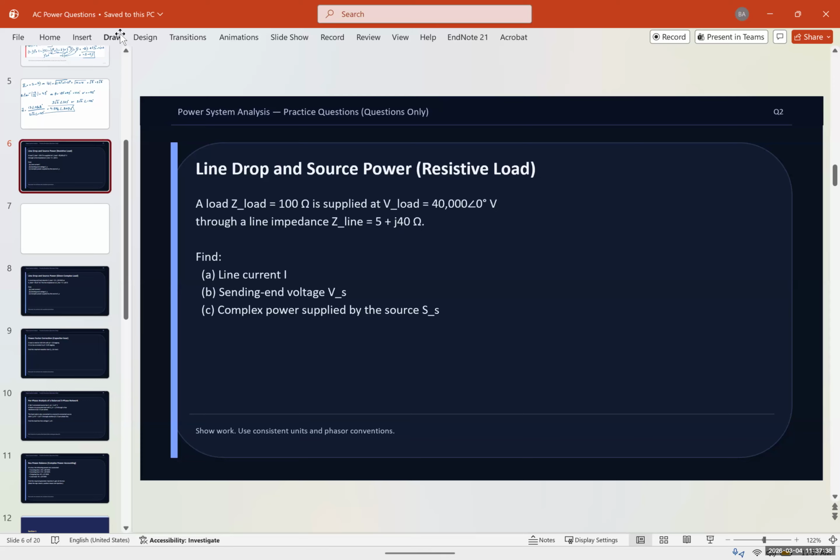So again, as mentioned, we have a source, which is unknown. And we have the impedance of the line, which is 5 plus j40 ohms.